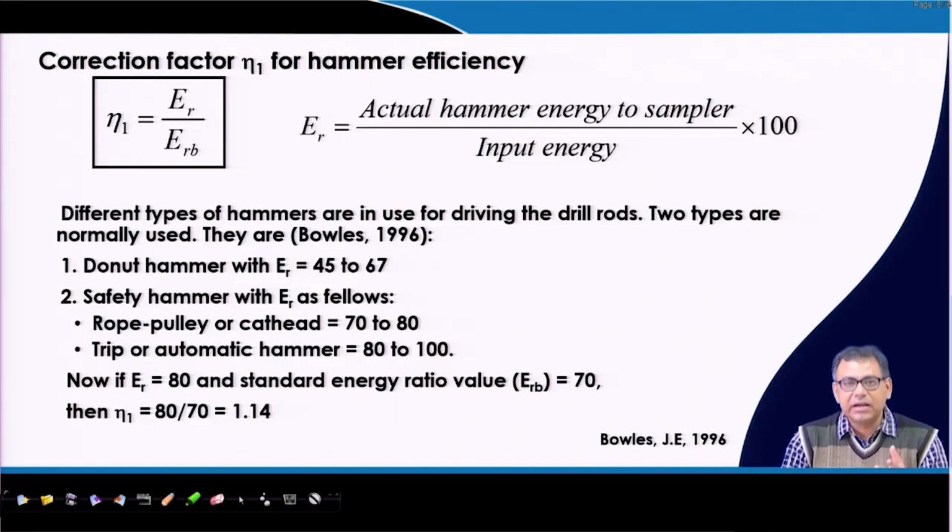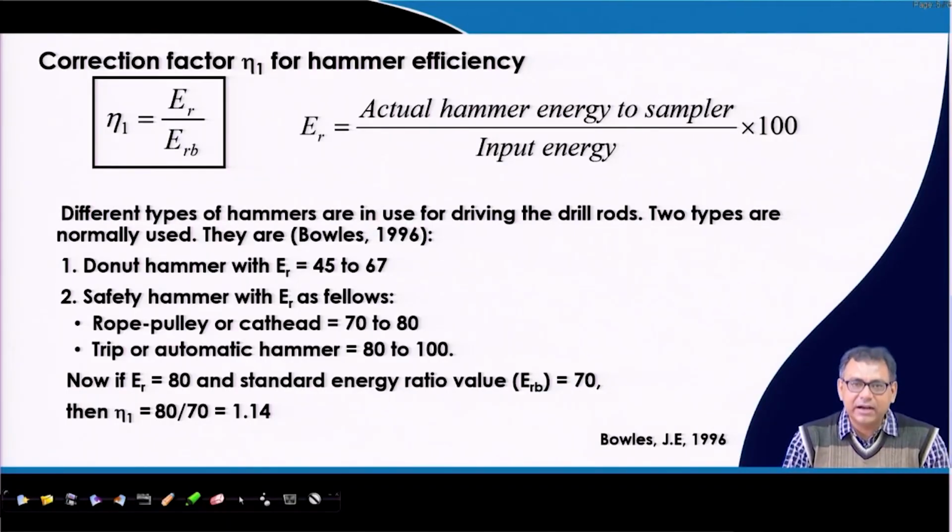That ratio is ER, that means the actual energy that you are applying to the sampler and the input energy that you are supposed to apply. So, that is your ER. And what is ERB?